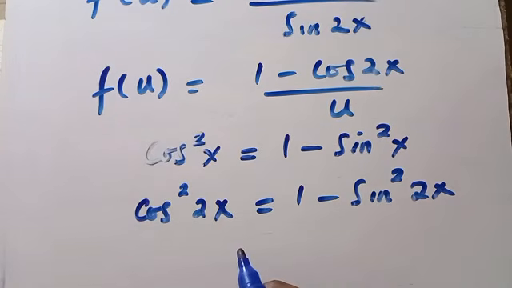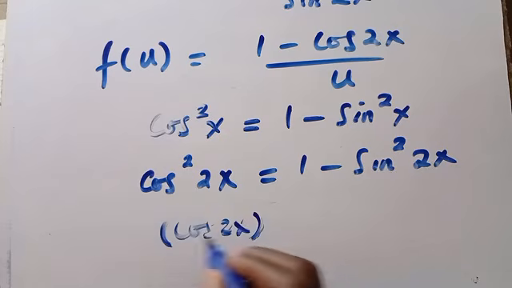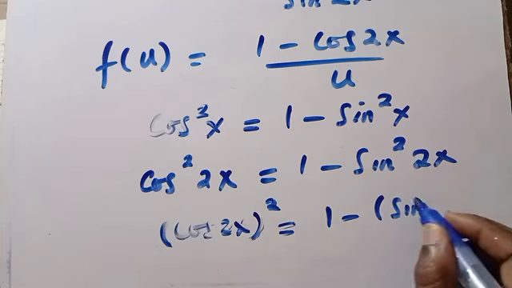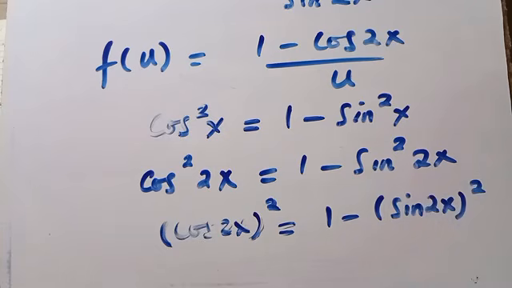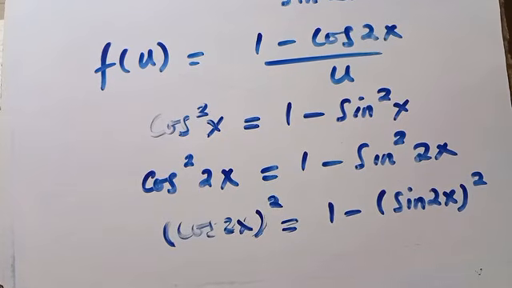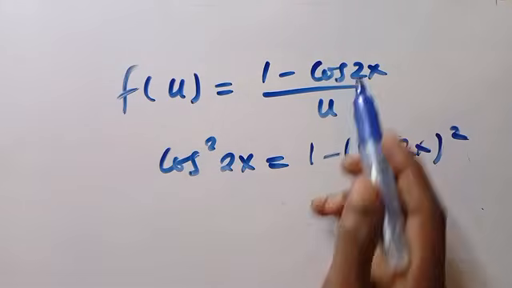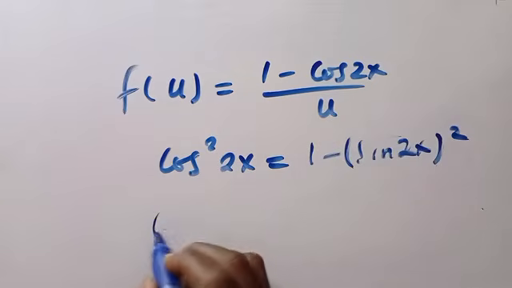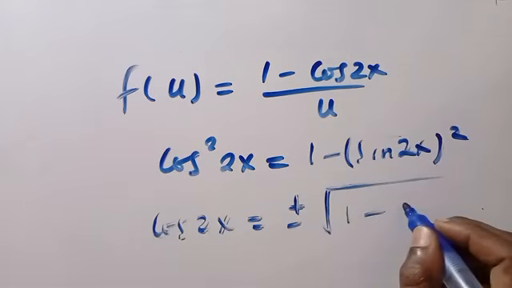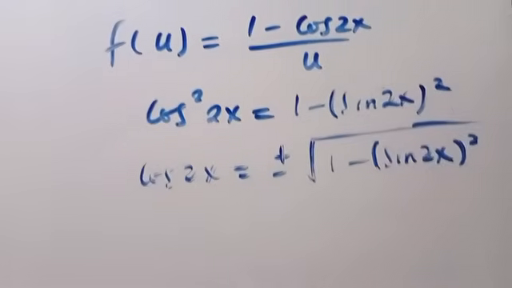By taking the square root of both sides, we are going to have cos 2x equals plus or minus the square root of 1 minus sine squared 2x.